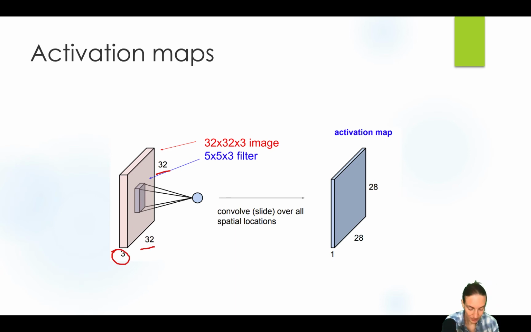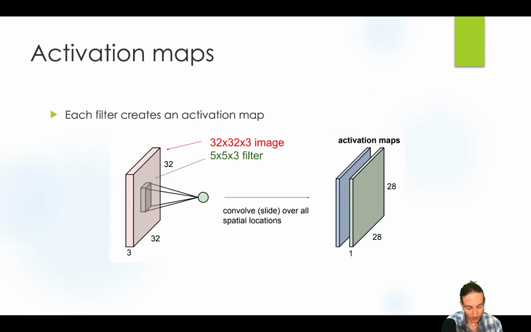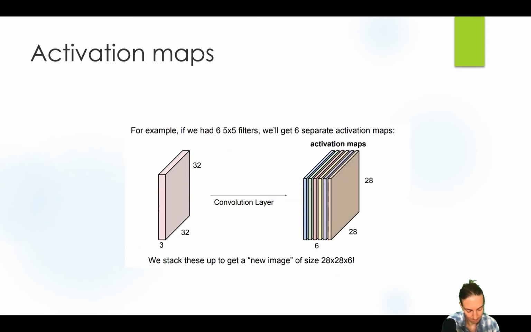When we convolve, as we call it, when we do this convolution operation using a filter that typically also has a number of channels, we get something called a feature map or an activation map. Each filter creates an activation map. So that means if we have multiple filters, we're going to be getting multiple activation maps or feature maps.